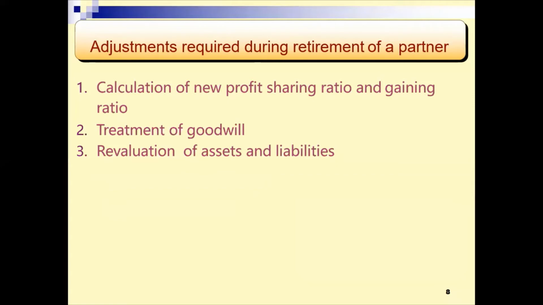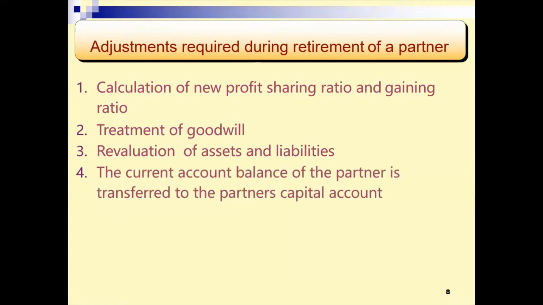Next is that the current account of the remaining partners is transferred to the partner's capital account. The retiring partner's current account balance needs to be transferred by balancing of the current account balance and the amount being transferred to the capital account so as to consolidate the total assets of the retiring partner.